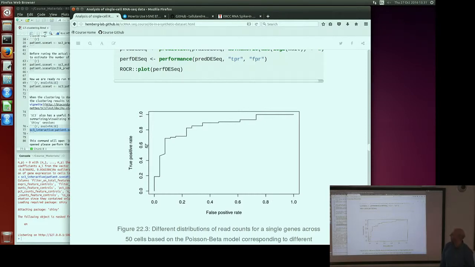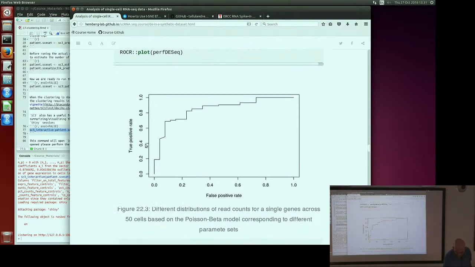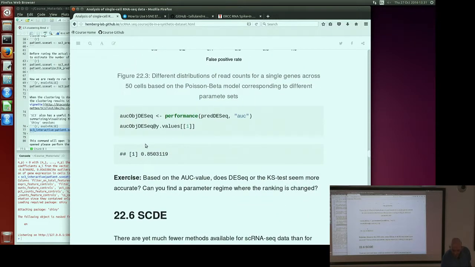As you see here, we get a different ROC curve, which qualitatively looks quite similar to what we had for the KS test. But when we calculate the area under the curve value, we see that this is actually slightly better. So if you were to compare these two methods based on this synthetic data set, you would probably say that DESeq is actually doing quite well.